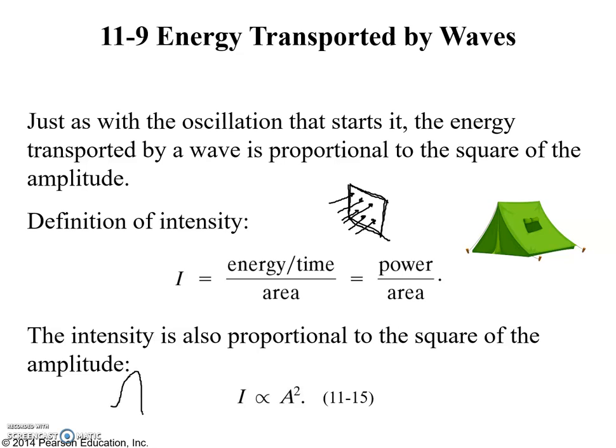The higher the amplitude, the more the intensity, but they're not exactly the same. They're just proportional. So intensity is directly proportional to the amplitude squared. So we've got to square the amplitude; the amplitude squared will cause an increase in intensity.